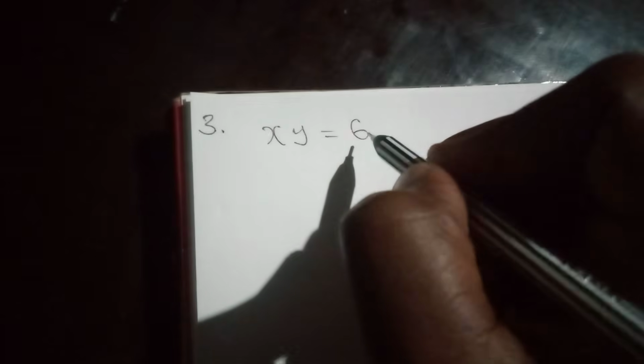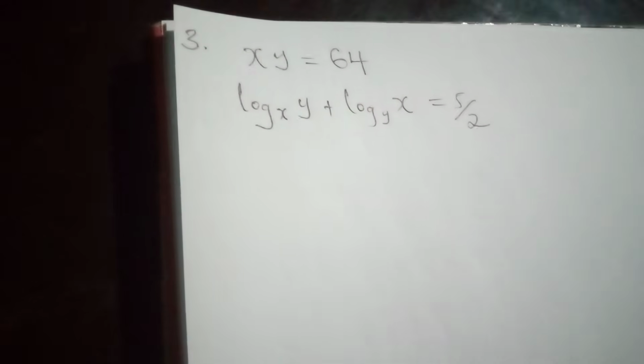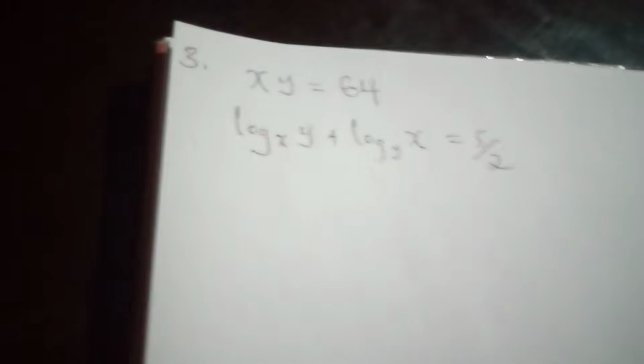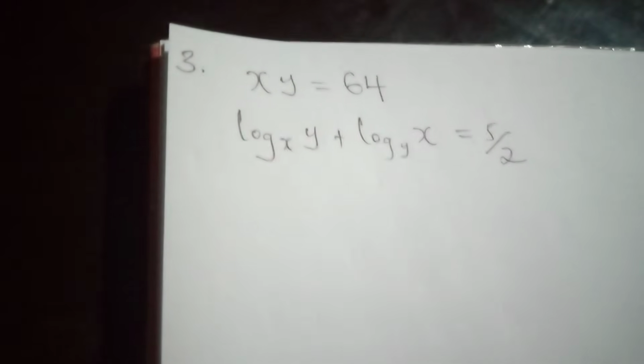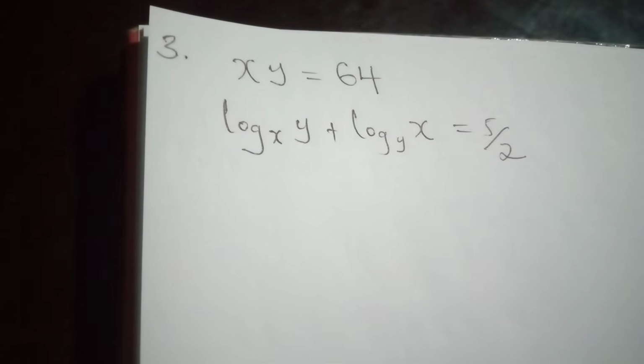So we have been given xy is equal to 64, and then we have also log base x of y plus log base y of x is equal to 5 over 2. So they are telling us to find the values for what? x and y. So what you are going to do is get the equation that is complicated.